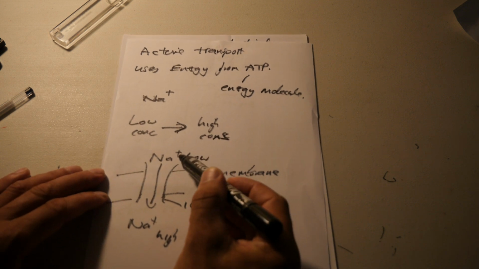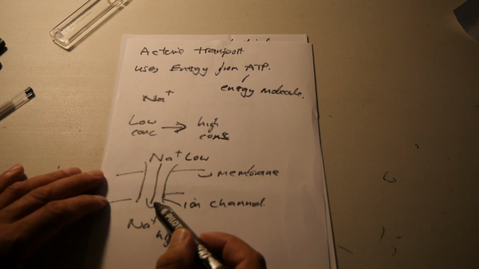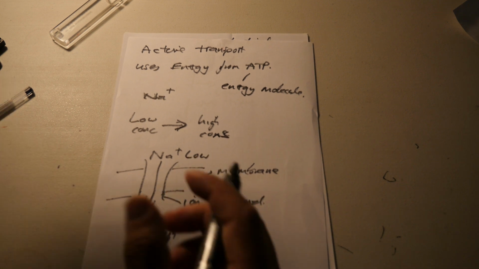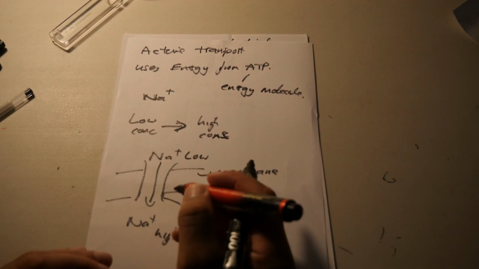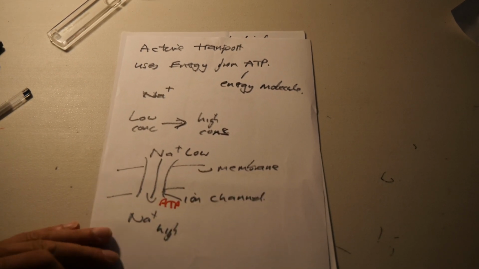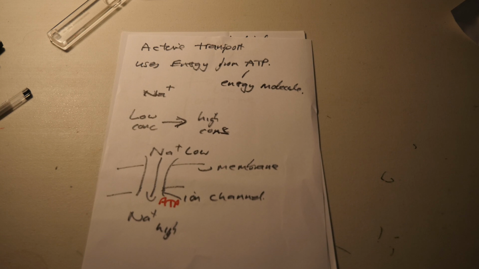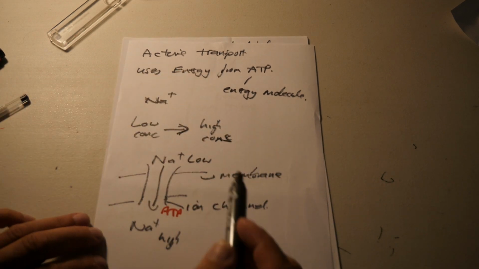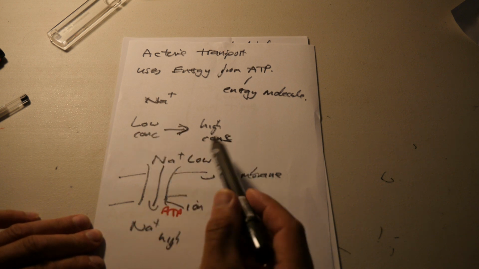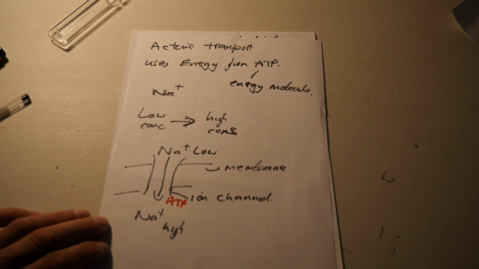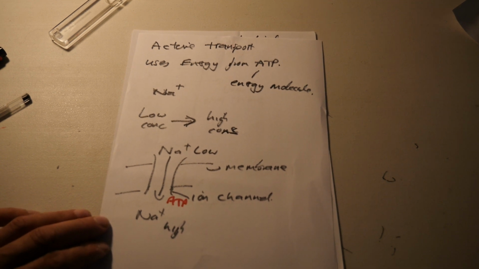So sodium ions go through this pore in the membrane from low to high concentration, and you have ATP used, okay? ATP is used to make it work. So that's what active transport is. It's the use of ATP to help anything go from low to high concentrations across membranes, across ion channels, okay? Okay, I'll carry on next time.